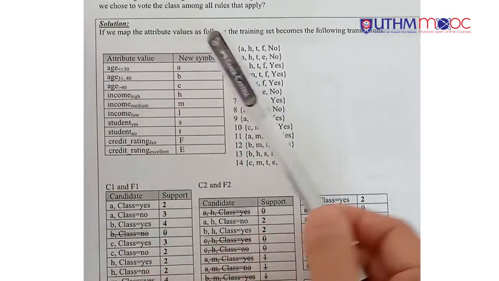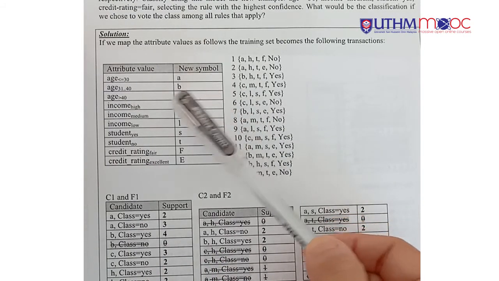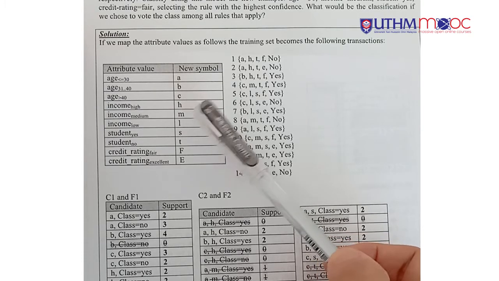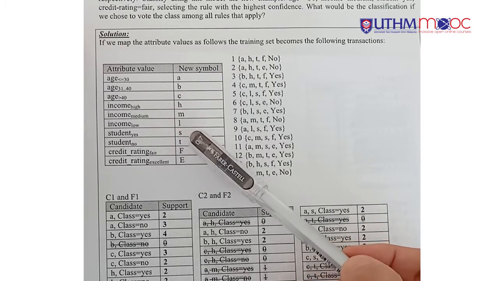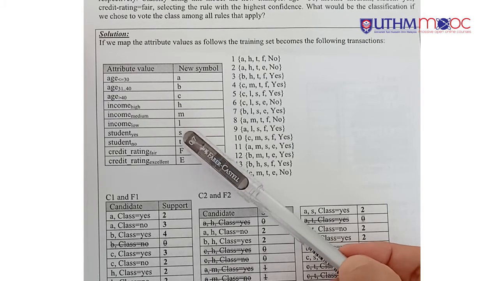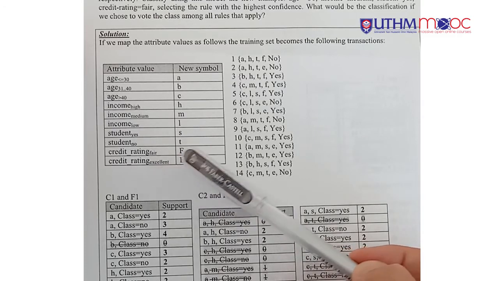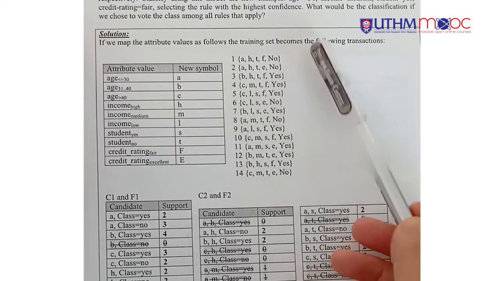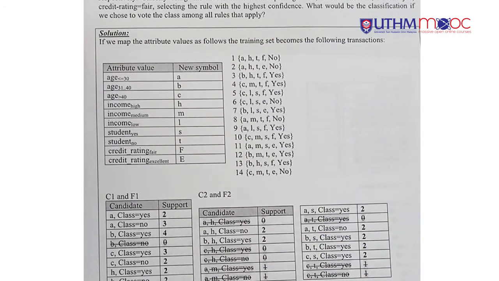For age, we use A, B, C. For income, high, medium, low. For student, yes is T, and no is N. Credit rating fair, we use F, and credit rating excellent, we use E. Next, we represent all the transactions as available in the question.